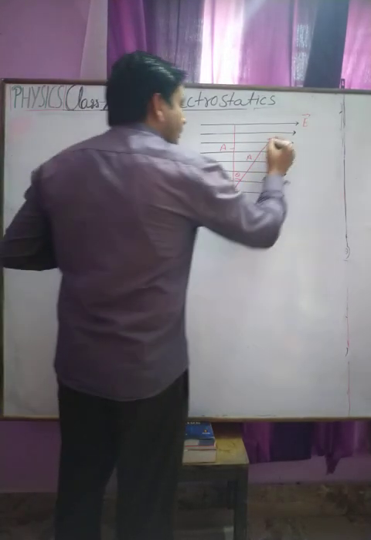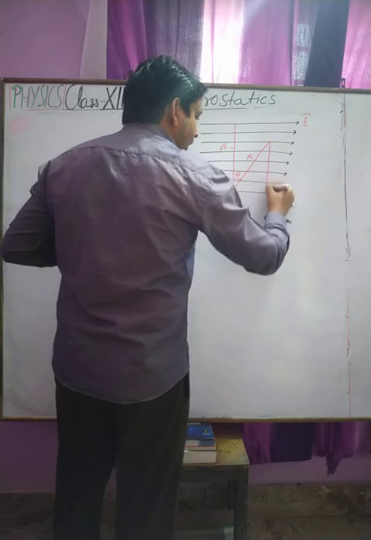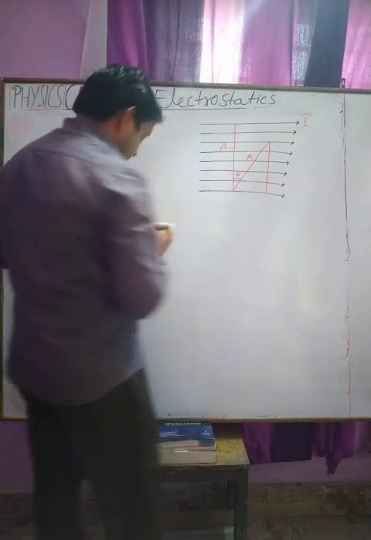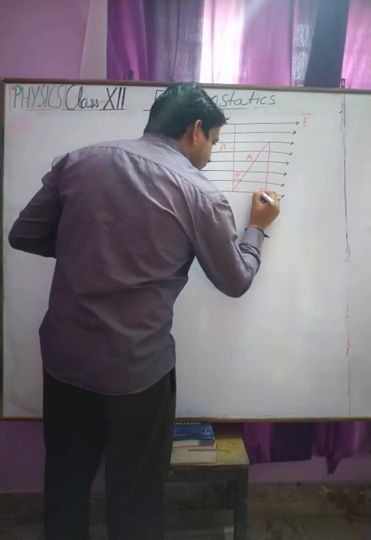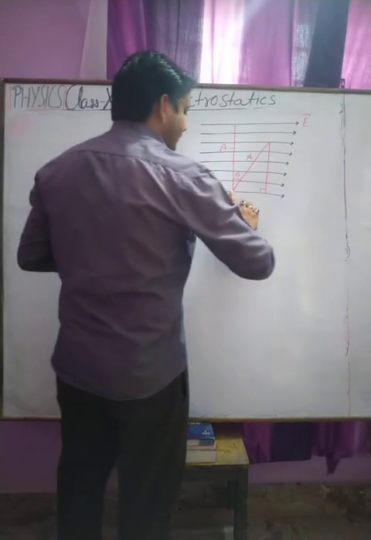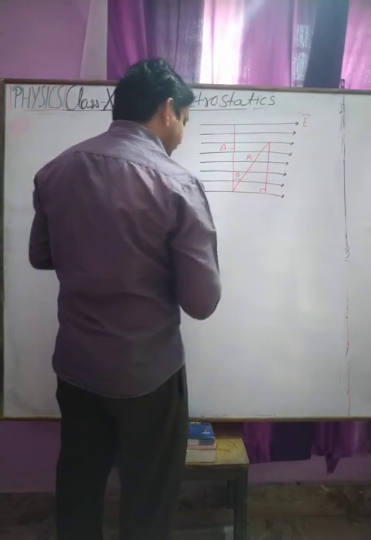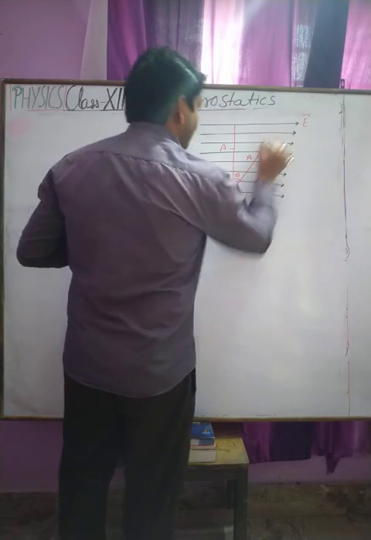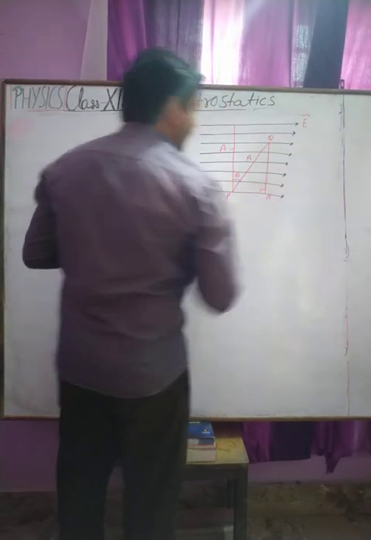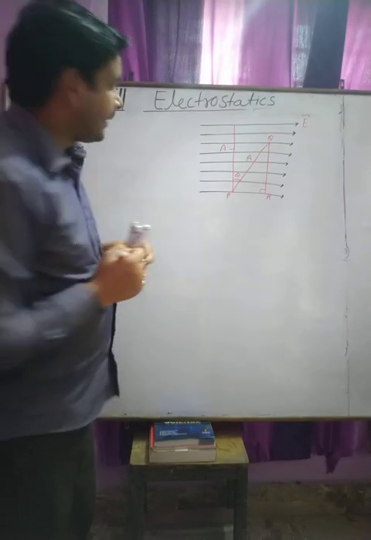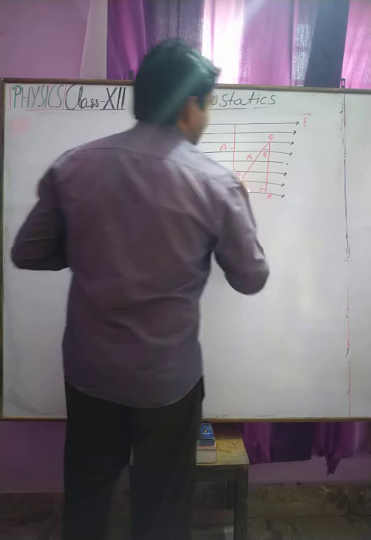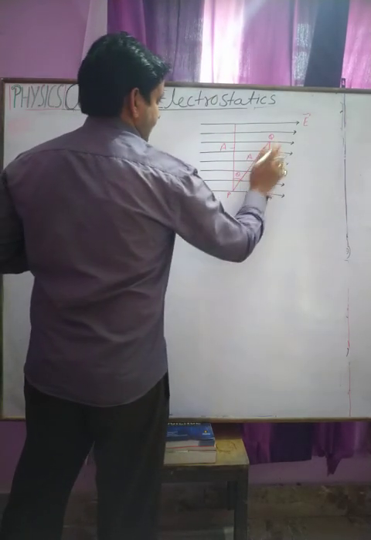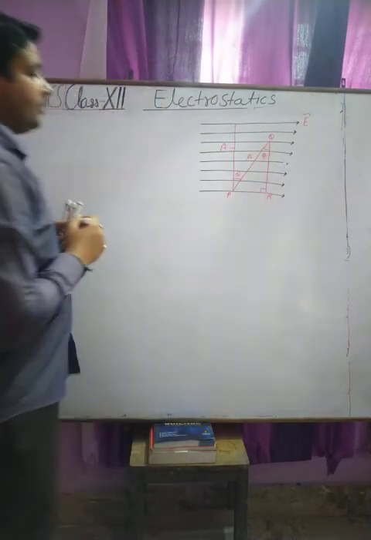So we drop a perpendicular from this point to the base. Then we have a 90-degree angle, and from this point to this point to this point we see that PQR is a right angle triangle, and this angle is equal because they are alternate interior angles.